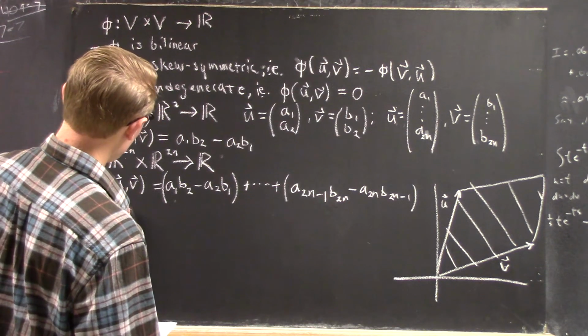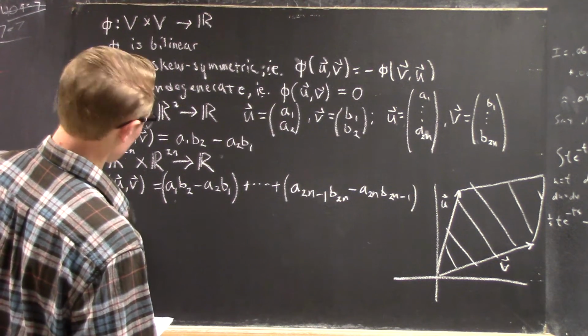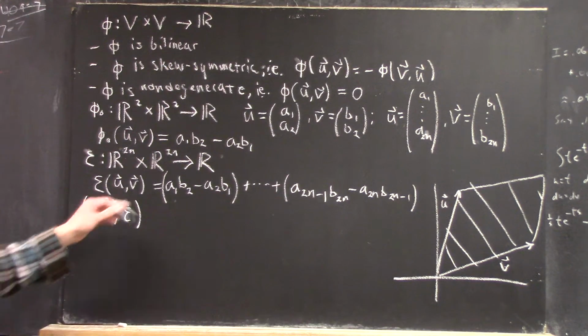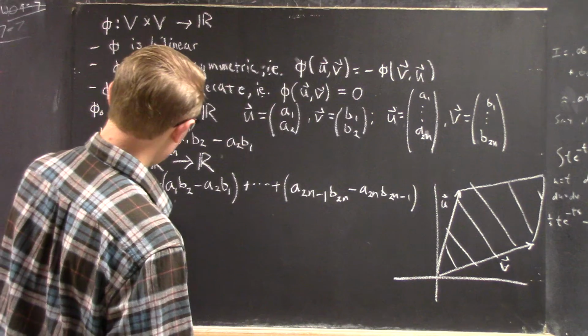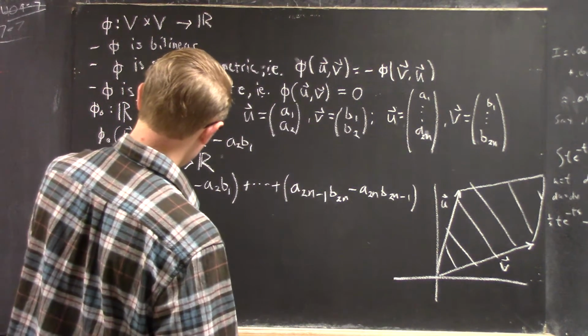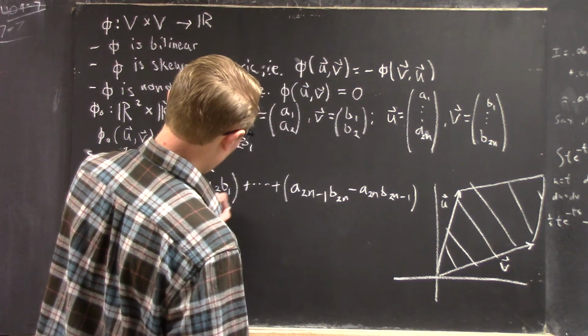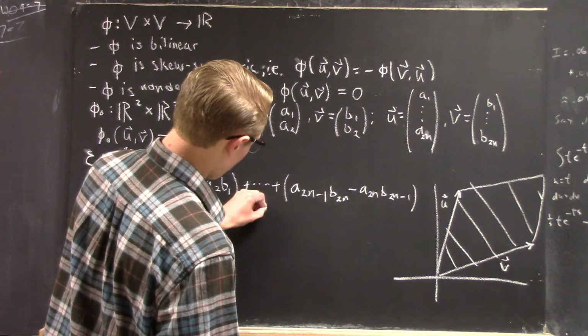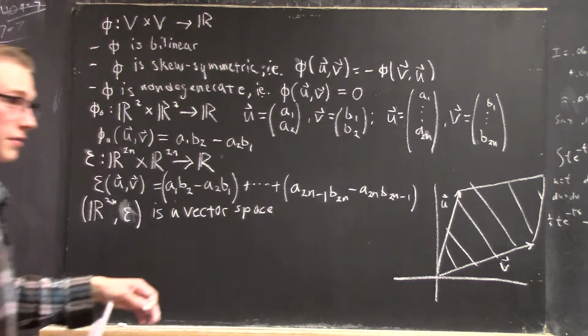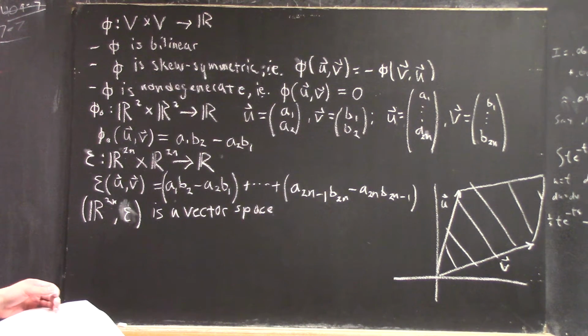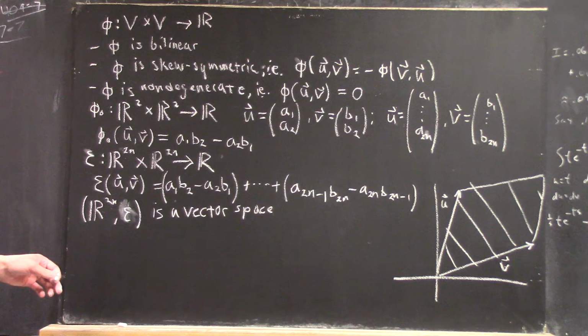I'll use epsilon for this generalization. This, of course, is a vector space. And this can be verified, again, by showing that the standard operations are true for this vector space. And this corresponds to what this vector space actually is.